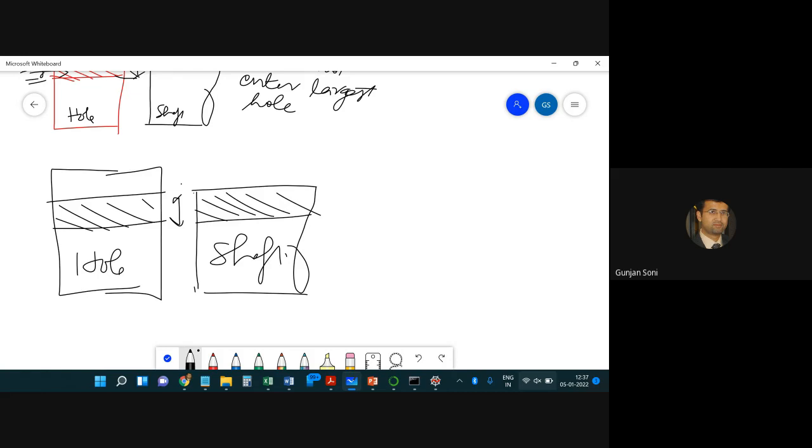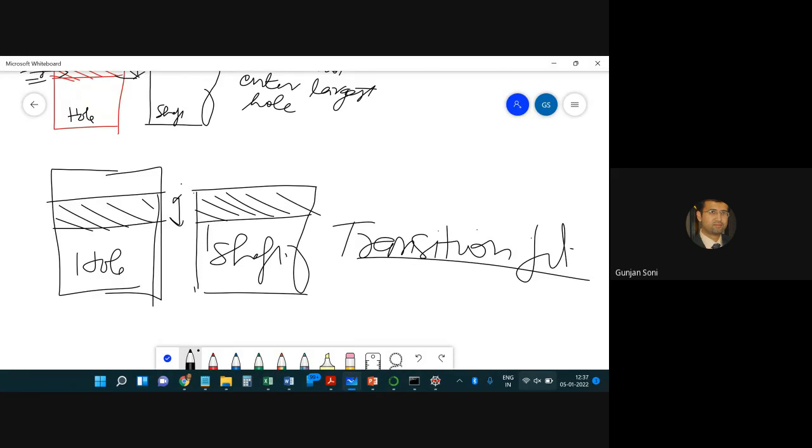So we can say one thing about transition fit: the diameter of the largest permissible hole, that is this diameter, is greater than the diameter of the smallest shaft.